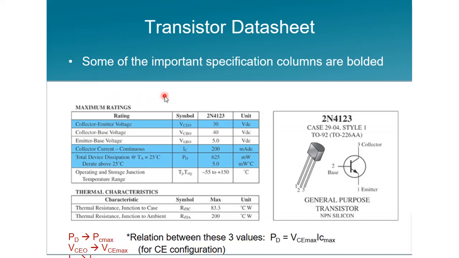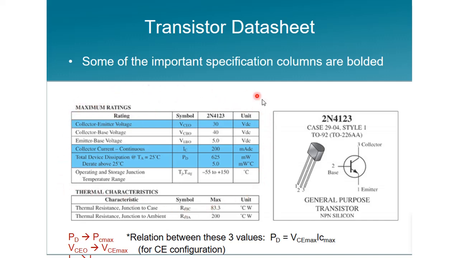So please take note. If you have a transistor datasheet, it is normally split into 3 sections, where the first one is the maximum rating.